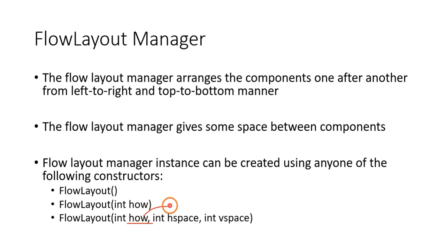The first parameter refers to the alignment of the components: left, right, or center align inside the container. The second parameter is the horizontal space between the components, and the third one is the vertical space between the components. This is how you can work with a layout manager. That's it for this video. In the next video you are going to see a demonstration of the flow layout manager. Thank you.